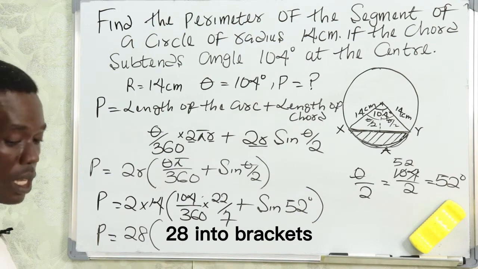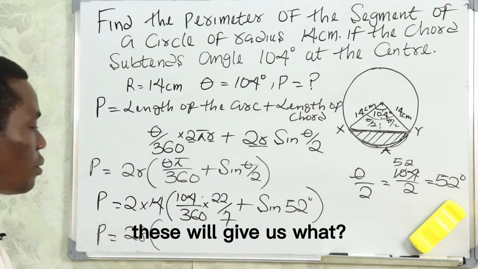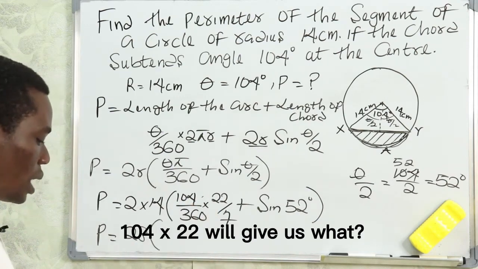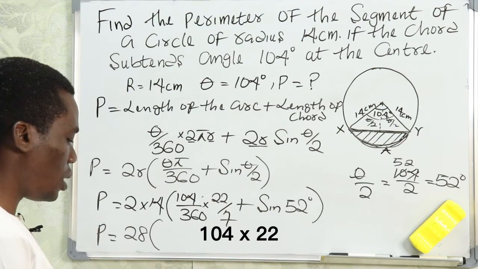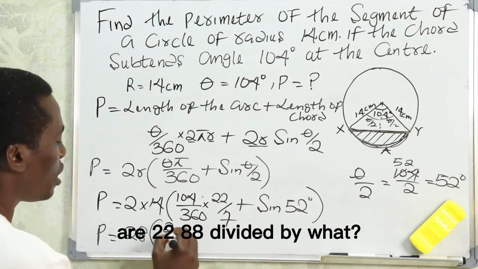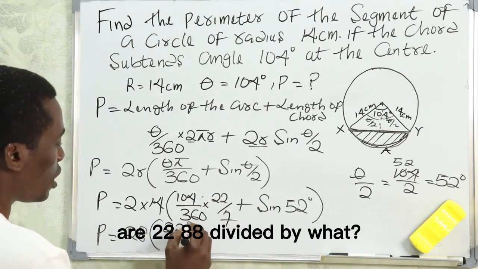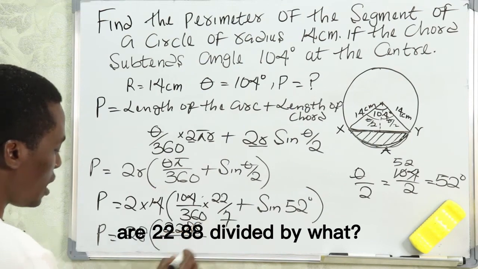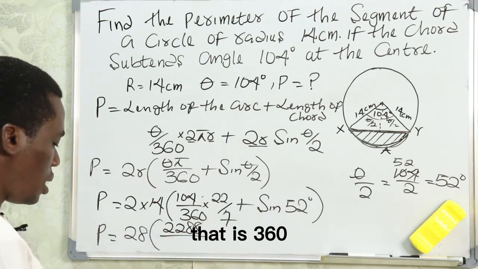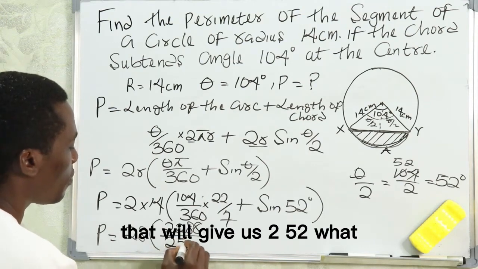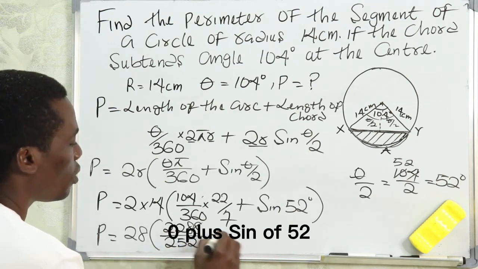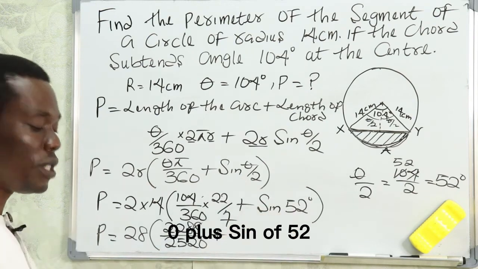Now simplifying this further, we're going to have our P equal to 28 into bracket, this times this: 104 times 22 will give us 2288, divided by 360 times 7, that will give us 2520, plus sine of 52.